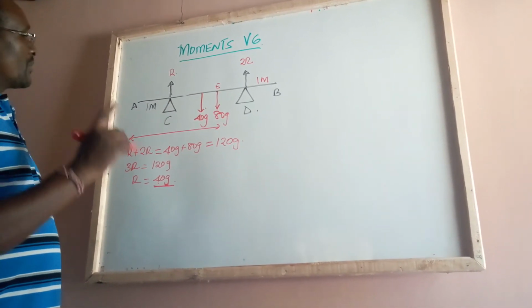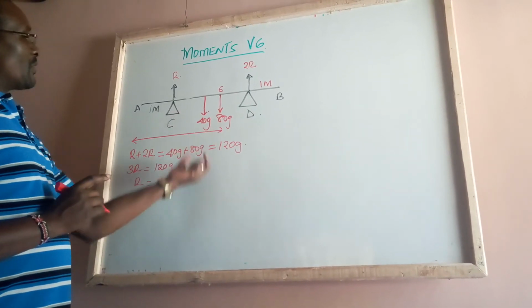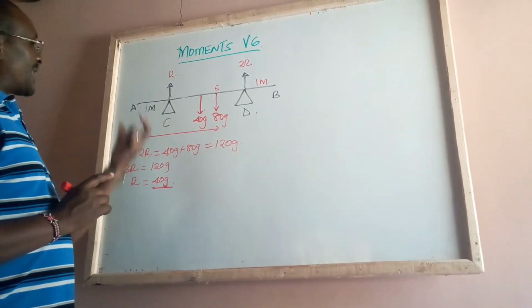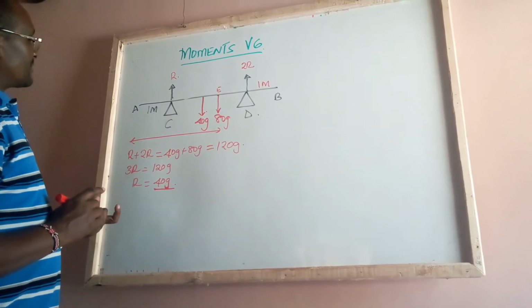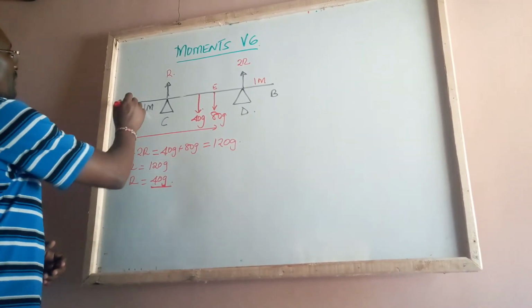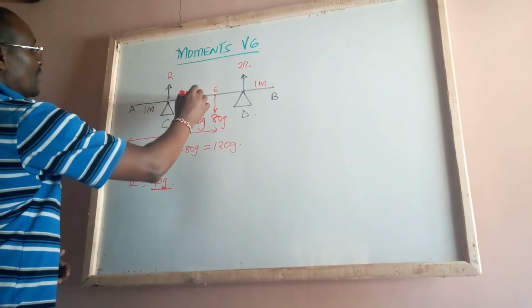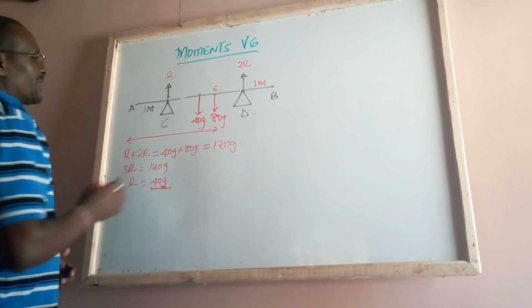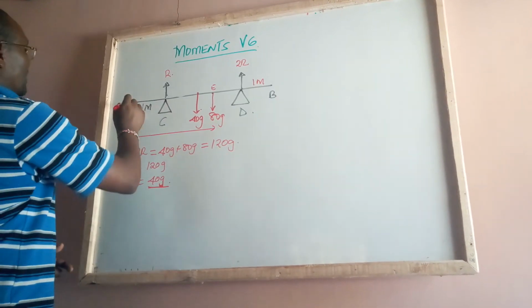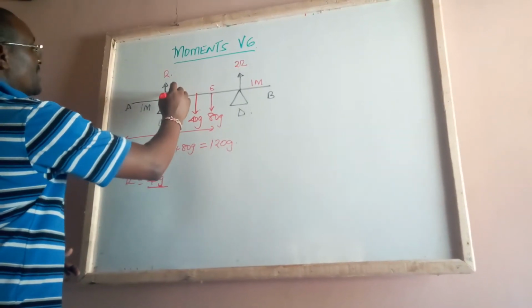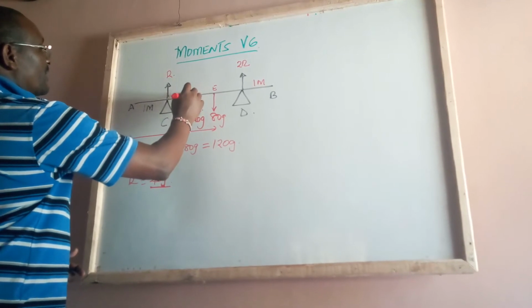A uniform beam, so the mass of the uniform beam acts right at the middle. And the beam is 5 meters. So the middle, from here to where the mass of the beam is felt, should be 2.5 meters. So definitely, if this is 1 meter, then this is 1.5 meters.